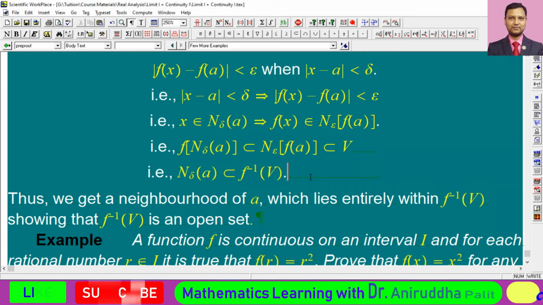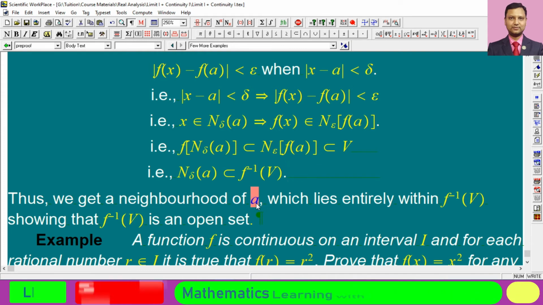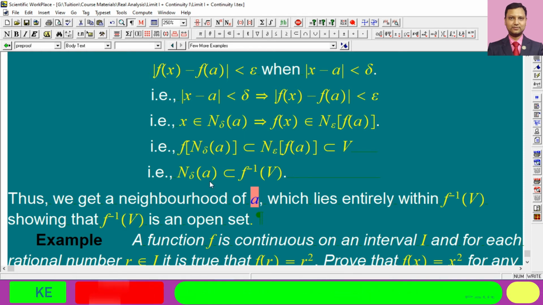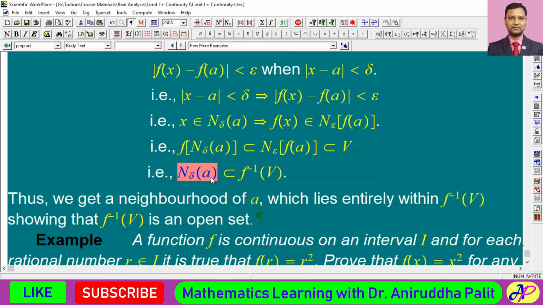সো আমরা এখানে যেটা দেখাতে পারলাম that আমরা স্টার্ট করেছিলাম একটা পয়েন্ট থেকে, এবং আলটিমেটলি আমরা দেখতে পাচ্ছি that there exists a neighborhood of A. What was A?